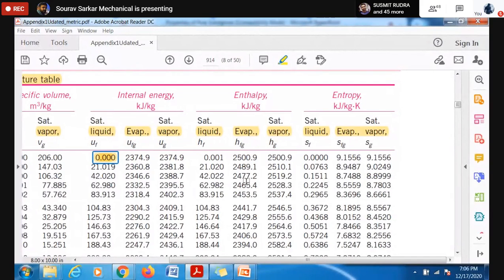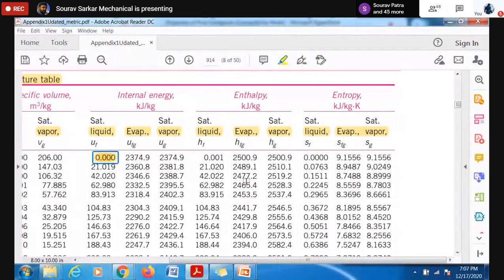Another way you can understand it is like this: suppose your water is at 100 degrees Celsius. If you heat it, or change the pressure, it will go to, suppose, 200 degrees Celsius. Now at 200 degrees Celsius, it is easier to convert into vapor than at 100 degrees Celsius. If your liquid is at 100 degrees Celsius and, suppose, 1 bar pressure, you have to supply a lot of energy to convert it into 100 degrees Celsius vapor.